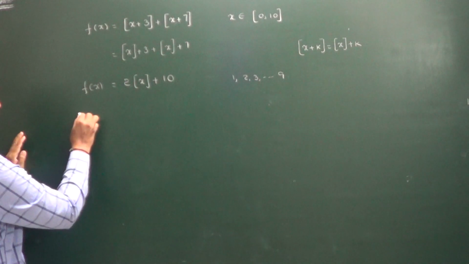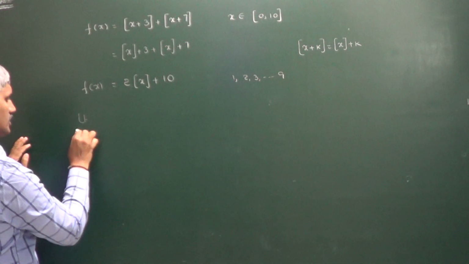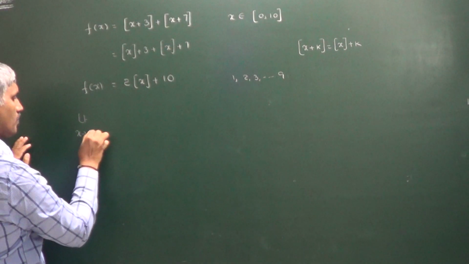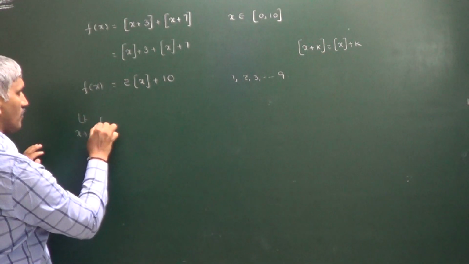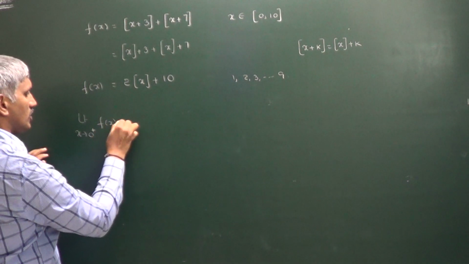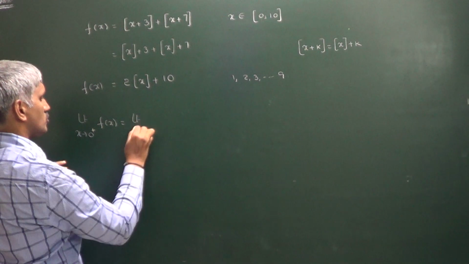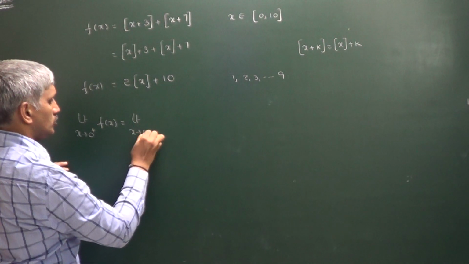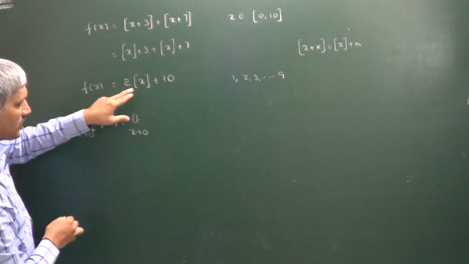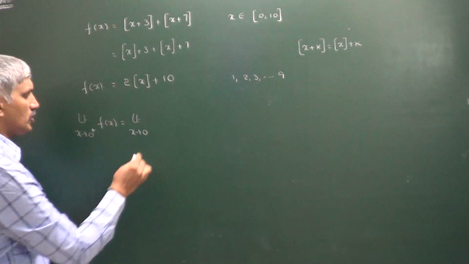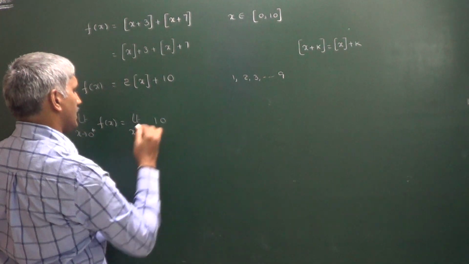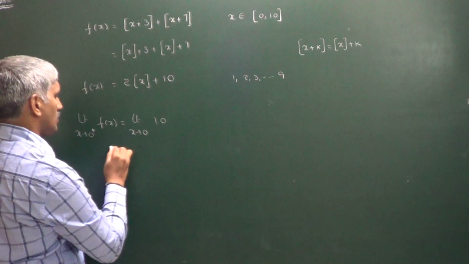So I am checking limit x tends to 0 plus of f of x. In the 0 plus case the integral part becomes 0, so we are getting 10. And what is f of 0?